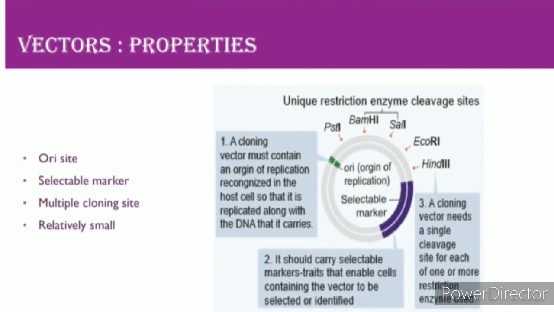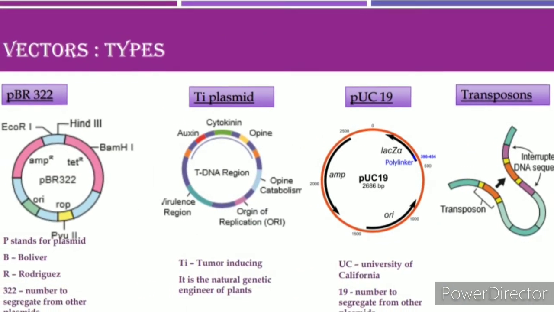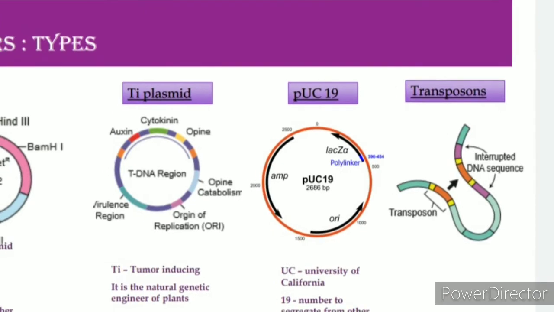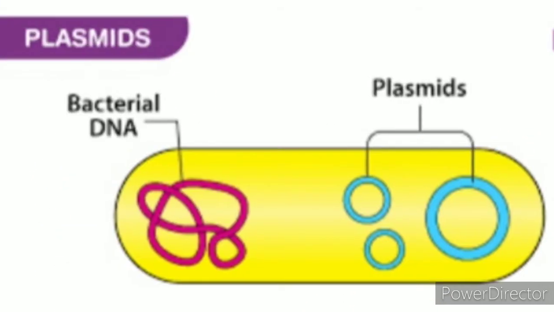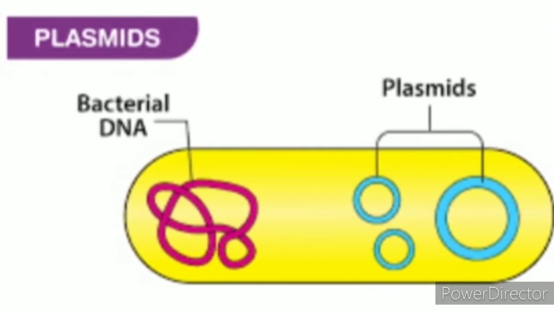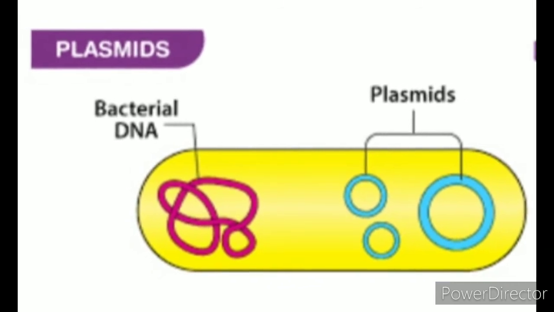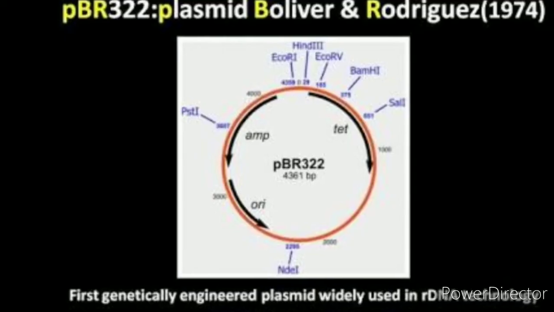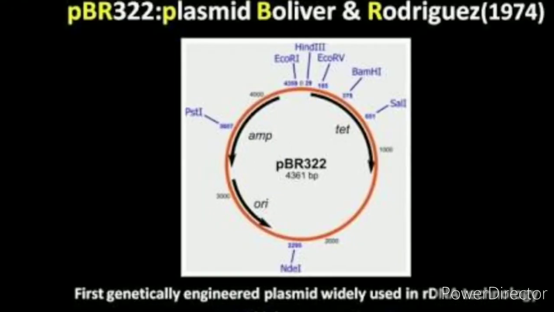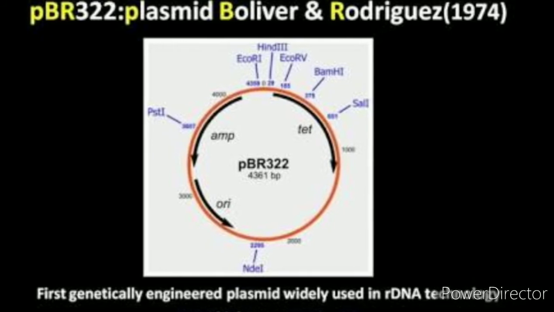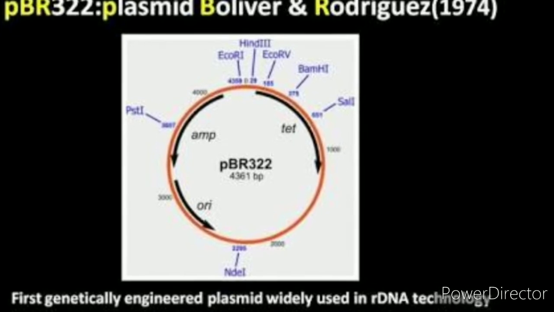Types of vectors. Some commonly used vectors are plasmids, pBR322 and Ti plasmid. As we know, plasmids are extrachromosomal, self-replicating, double-stranded circular DNA molecules found in bacterial cells. These plasmids contain genetic information for their own replication. pBR322 is a reconstructed plasmid and the most widely used cloning vector. It contains 4361 base pairs.